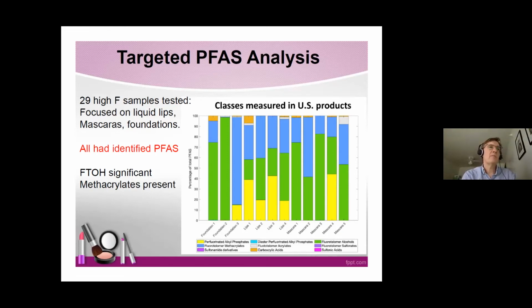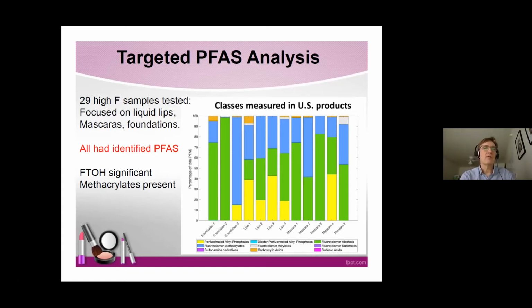All 29 of them had identified PFAS, sometimes in trace amounts, sometimes in rather staggering amounts. There was a significant, as you can see from the blue on this graph, a significant fluorotelomer alcohol contribution, which hadn't been observed before because nobody had tried GC mass spec before on these. And there were also, for the first time, observation of methacrylates, and quite a few of them actually.